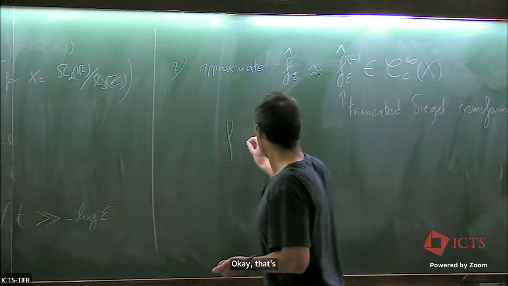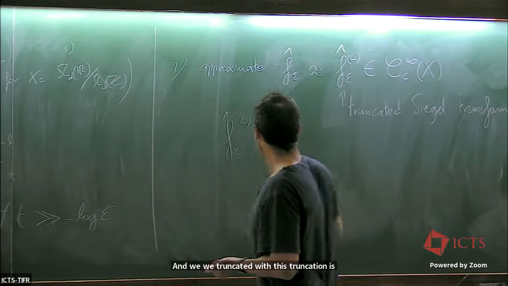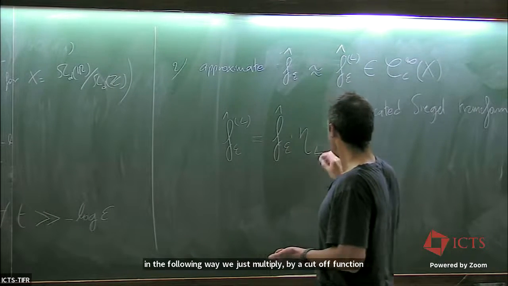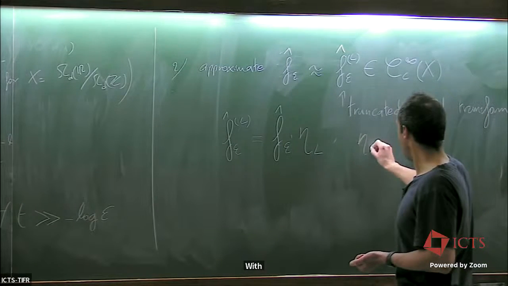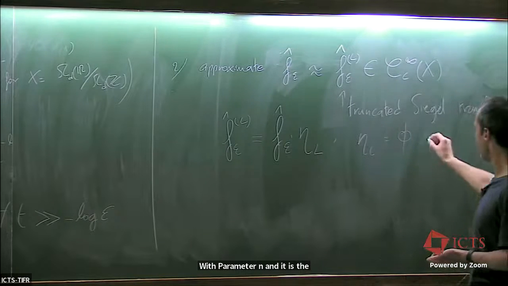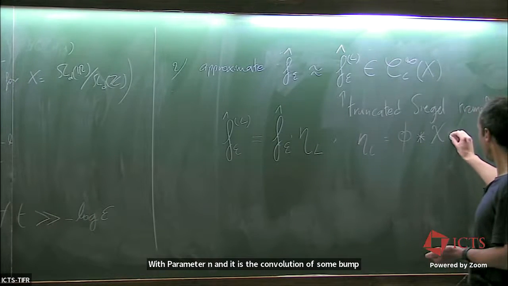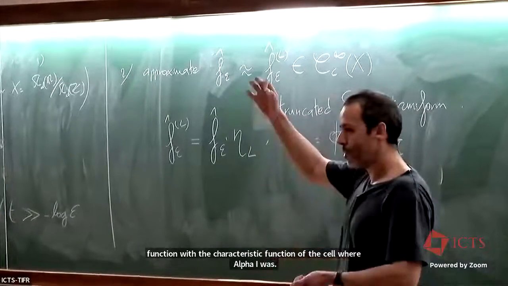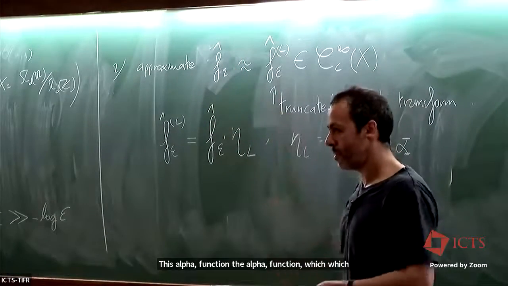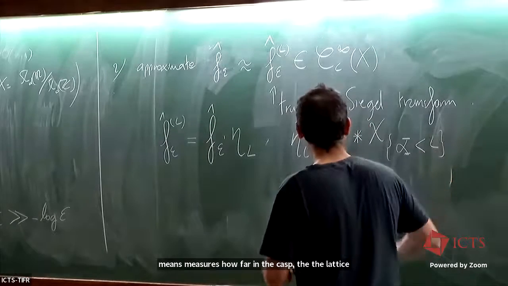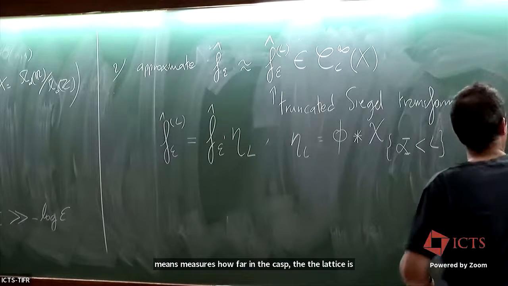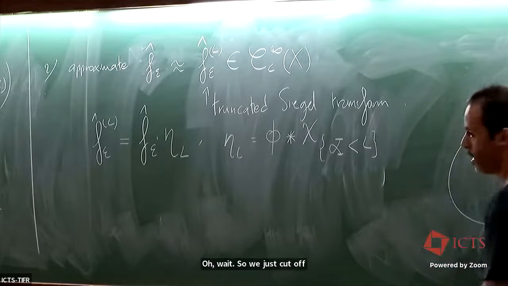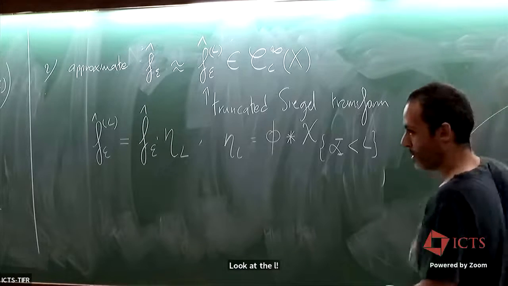This truncation is constructed by multiplying by a cutoff function, eta L, which is the convolution of some bump function with the characteristic function of the set where the alpha function, which measures how far in the cusp the lattice is, is less than L. So in X, we cut off all the lattices that are beyond this border.